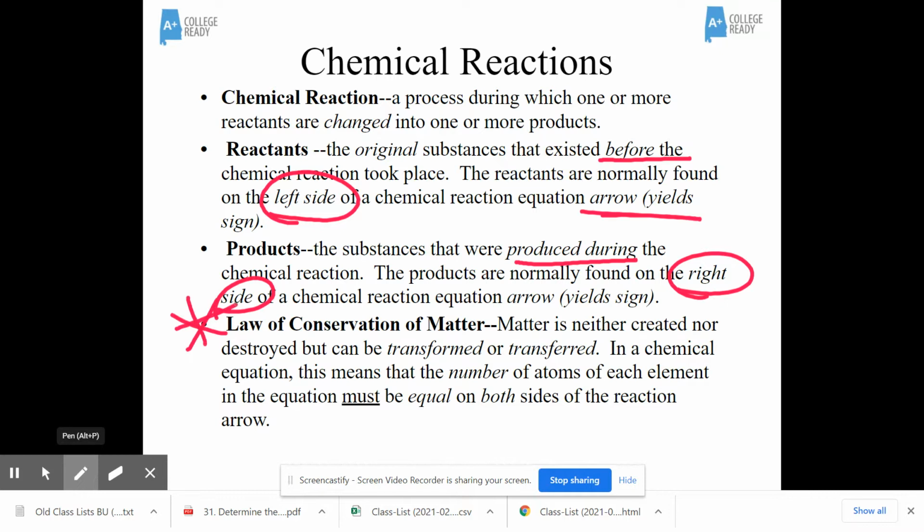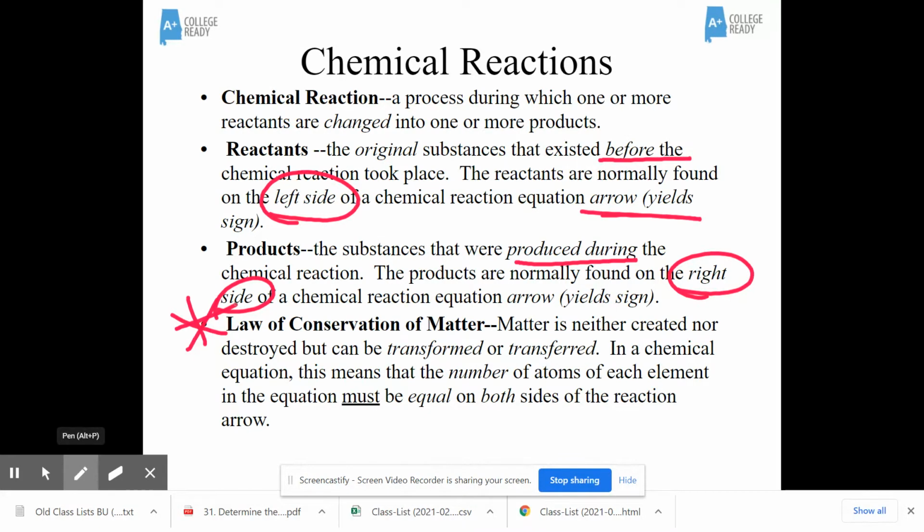Law of conservation of matter, the first law of thermodynamics, says we cannot create or destroy matter. So if you start with something, you better end up with it. It might be different in its form, but those atoms will still be there.